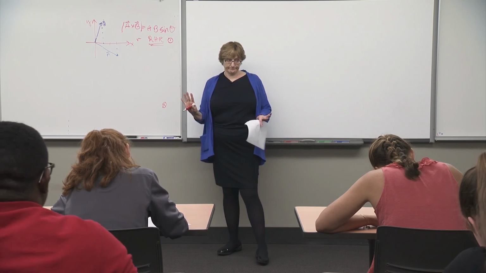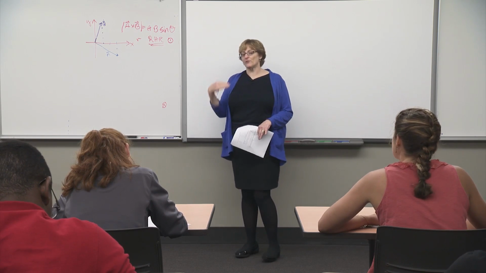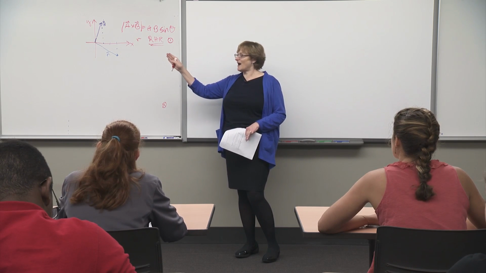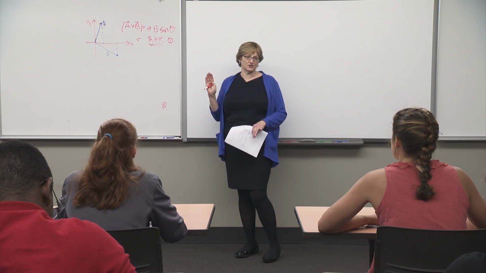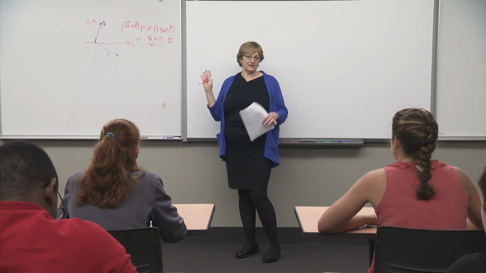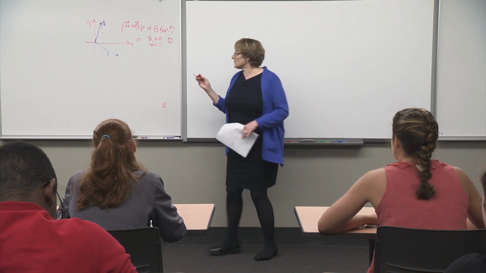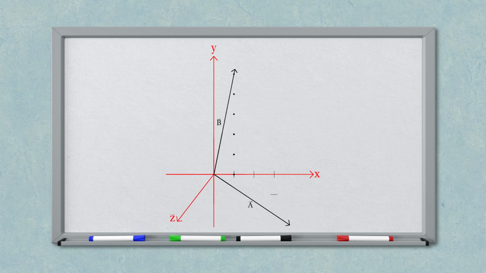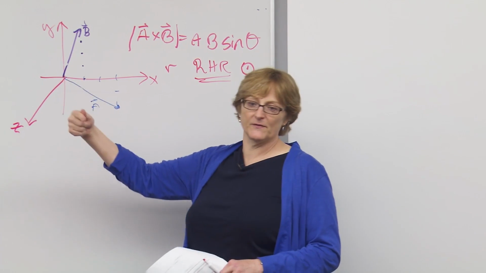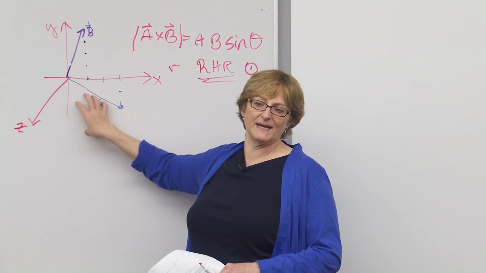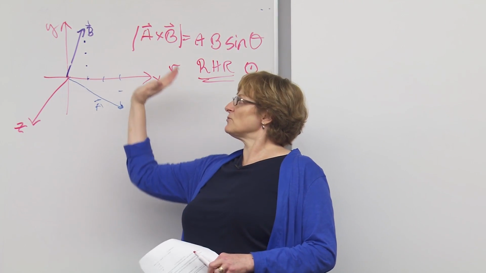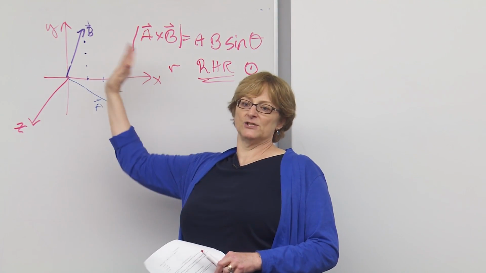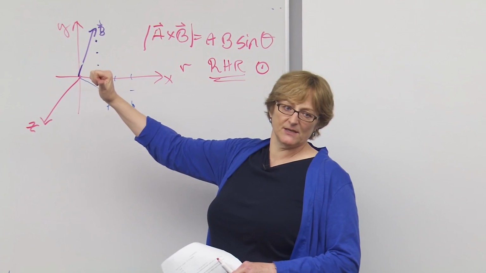So far, so good? Okay, in order to do three dimensions, we can't just use i and j anymore. We need a third vector that's in the z direction, because we need three-dimensional space. So the traditional right-hand system defines an axis coming out of the board, the z-axis. You have a choice, right? It could come out of the board or go into the board, and this is a right-handed system where x cross y, or rather i cross j, is equal to the z direction.